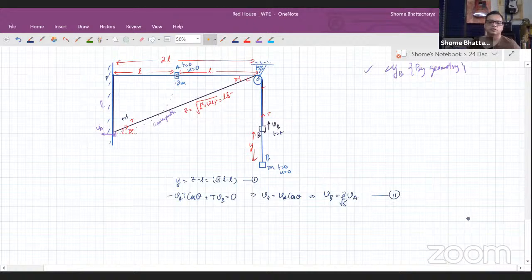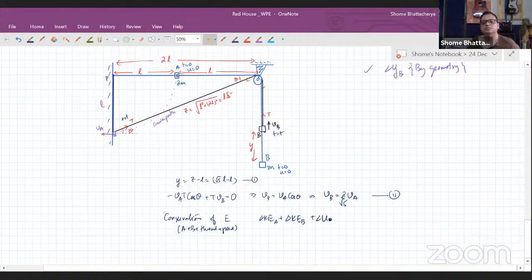And then our work energy, or conservation of mechanical energy, for A plus B plus the thread plus gravity. So the change in kinetic energy of A plus the change in kinetic energy of B plus the change in gravitational potential energy of A plus the change in gravitational potential energy of B should be 0.